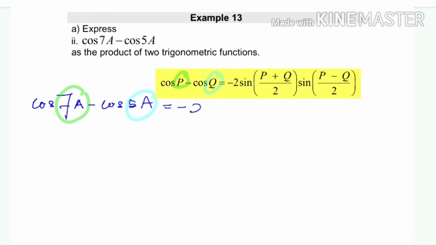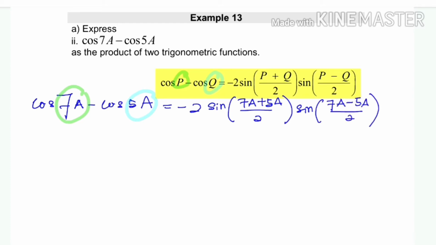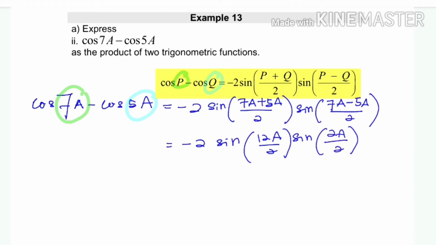That equals negative 2 sin (7a plus 5a)/2 times sin (7a minus 5a)/2, equals negative 2 times sin 12a over 2 times sin 2a over 2, equals negative 2 sin 6a times sin a.